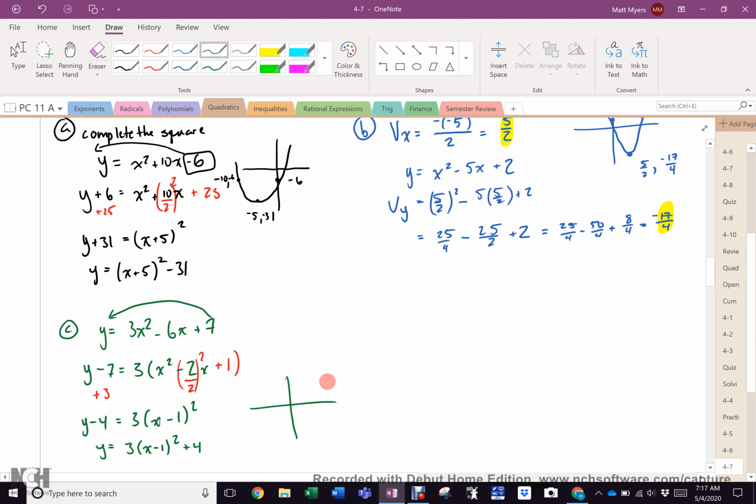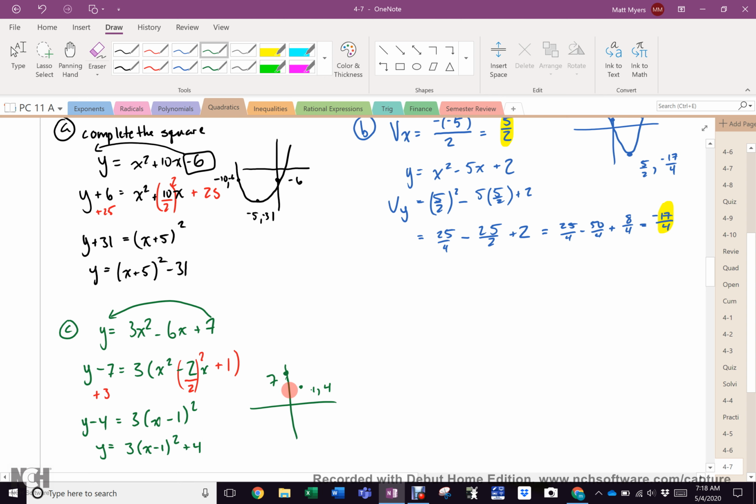So now I know my vertex is at positive 1, positive 4. And I know I'm going up because a is positive. My y-intercept is 7. And I just think to myself, okay, I went over 1 and up.